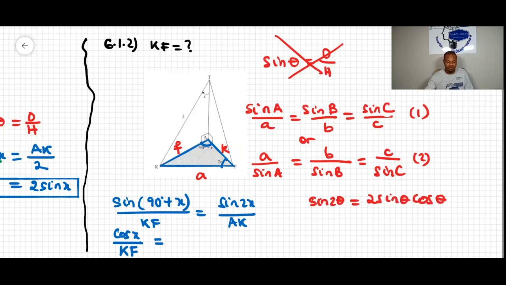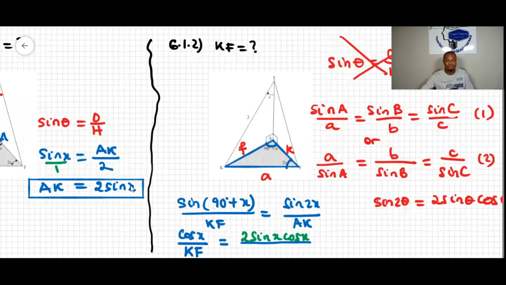So I use this property over here. This will be 2 sine x cos x over AK. In the previous question, we worked out AK, it was 2 sine x. So I can substitute the value of AK. This is 2 sine x.